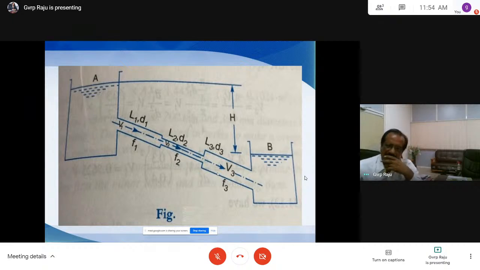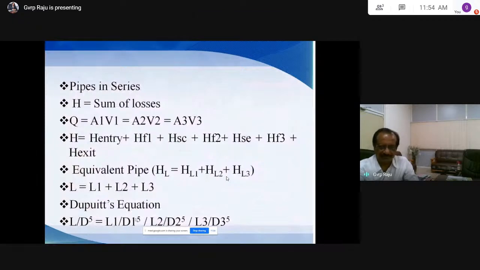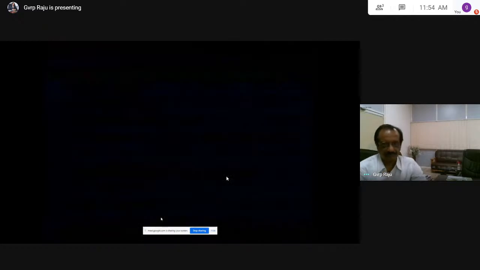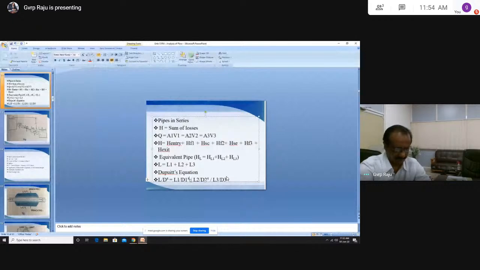Then equating those losses, the final equation is L by D5. This is the famous Dupuit's equation: L by D to the power 5 is equal to L1 by D1 to the power 5 plus L2 by D2 to the power 5 plus L3 by D3 to the power 5. There is a plus sign here.